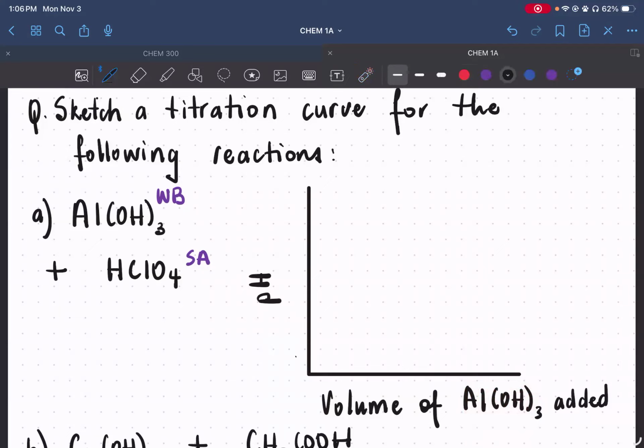We're going to just draw in generically 1, 7, and 14. That way we just have an idea of where everything is located. Again, it doesn't need to be perfectly to scale. And we're just going to sketch the curve. We know at the very, very beginning, we'll have nothing but acid.